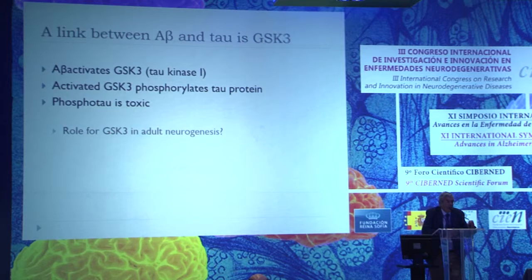We know that amyloid activates this enzyme, and once this enzyme is activated, it could phosphorylate tau. In fact, this enzyme is also known as tau kinase 1, and this phosphorylated tau is toxic. Then this toxicity could be related to some changes in neurogenesis and to changes in memory.